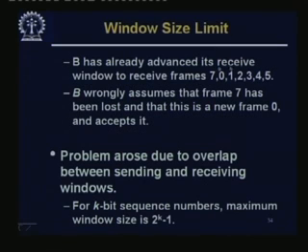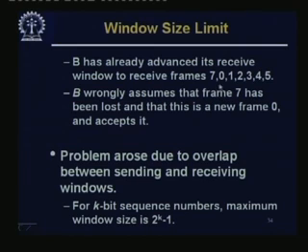B has already advanced its receive window to receive frames 7, 0, 1, 2, 3, 4, 5. Now B wrongly assumes that frame 7 has been lost and that this is a new frame 0, and accepts it. So this 0, which was actually the old frame 0, is interpreted by B as the new frame 0, and it assumes that 7 has been lost in transit.